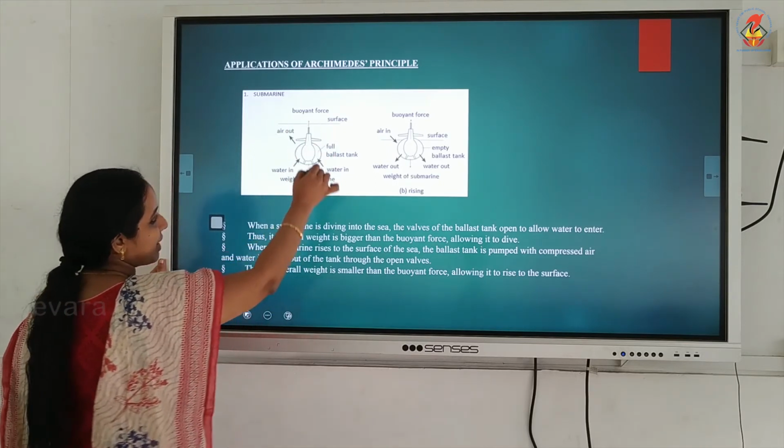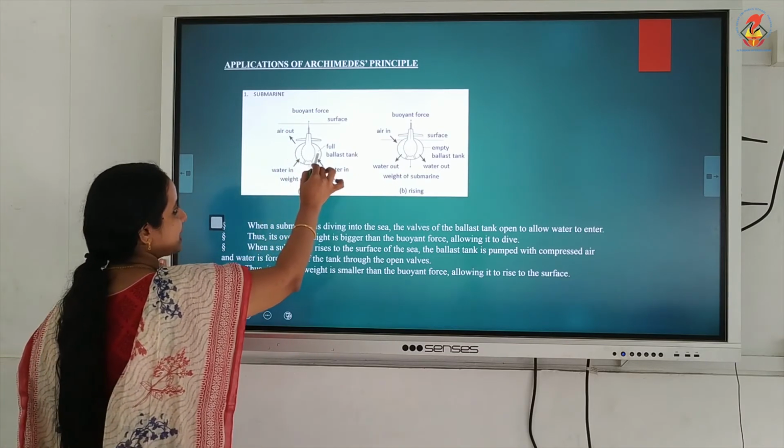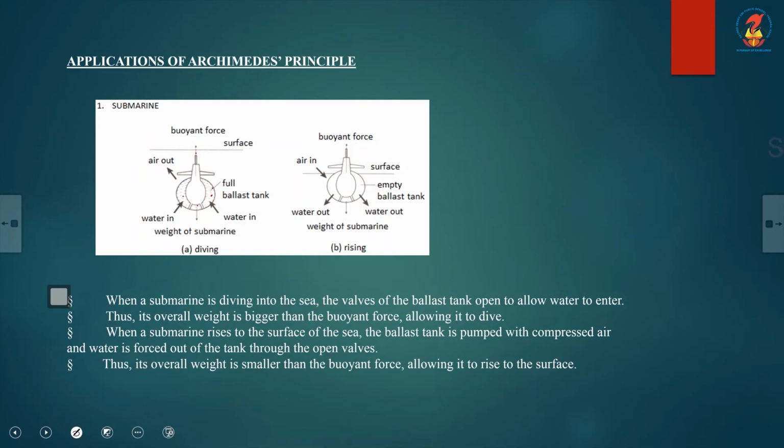When the submarine dives into the sea, the valve gets opened up and the tank gets filled with water. When water is filled in the tank, the total weight of the submarine increases.